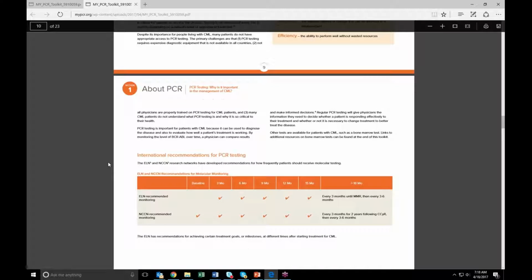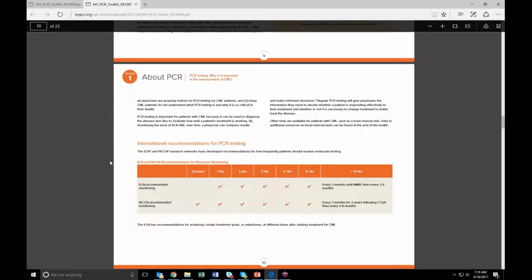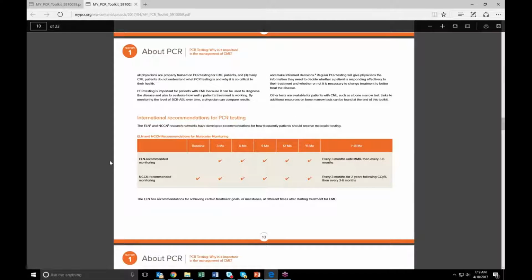However, what we have tried to do is ensure that the information that is in the toolkit is information that every advocate has to know about PCR testing to be able to make an effective case to a decision maker, regardless of who that decision maker could be.